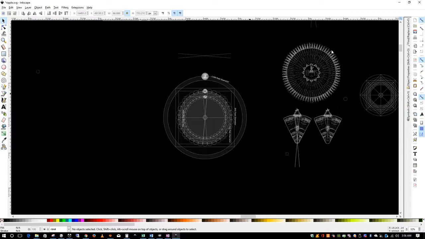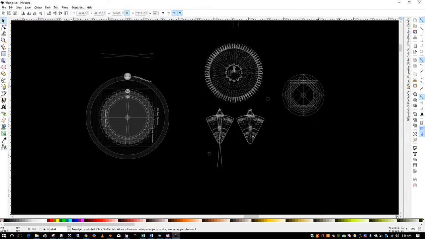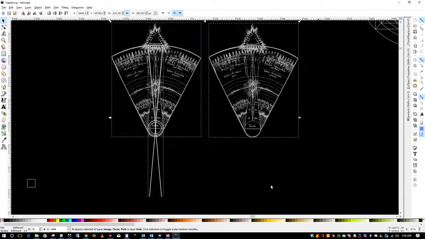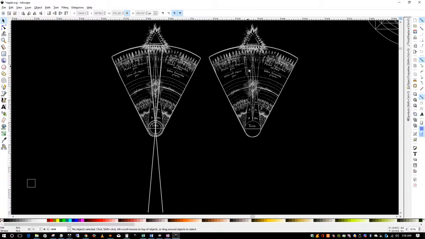Just to show you where I've gotten some of this information from, if we come over and take a look, this is a Robert Fludd drawing, and I've added the 10 degree marker in here. What he's showing here, this center circle, which we call Terra, and if you remember, I was showing you the Earth in the center of that huge radius.